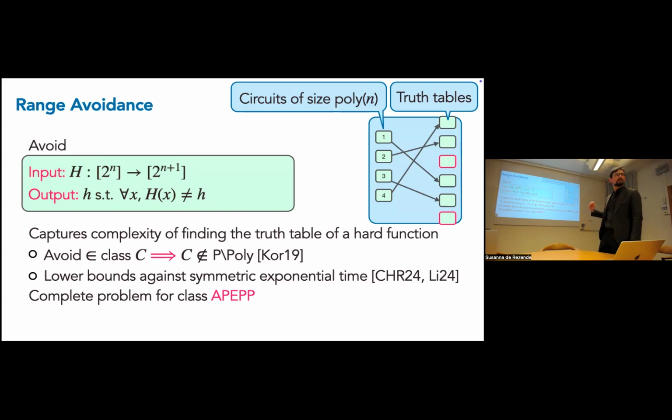How should we think about size here in range avoidance? I'm trying to understand, is range avoidance a total search co-NP problem? It should be verifiable with a universal quantifier, because given a hole, you want to check that for every pigeon it doesn't map to it. Yeah.